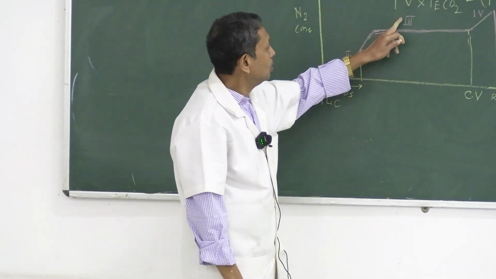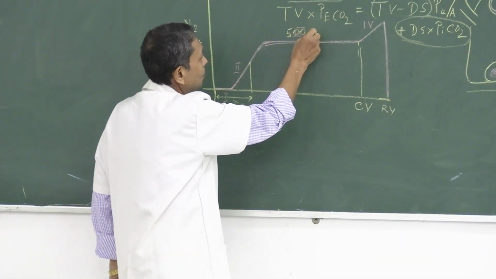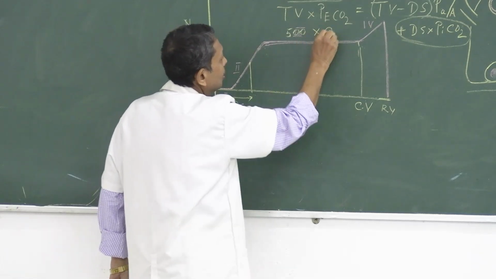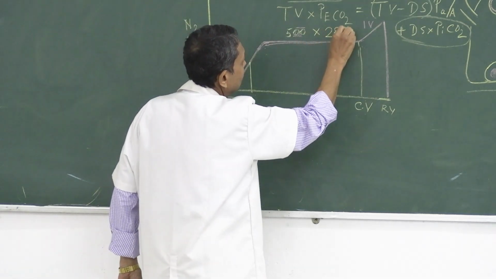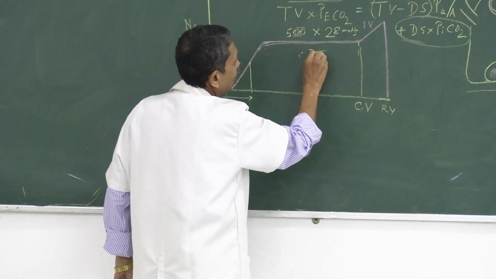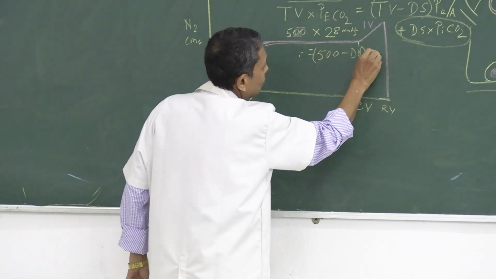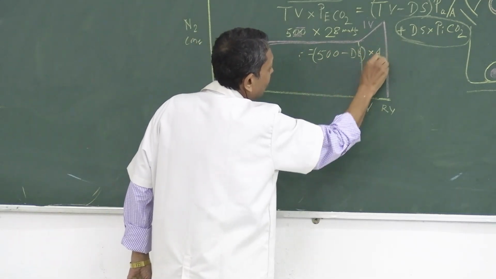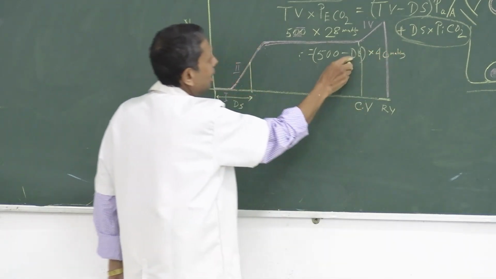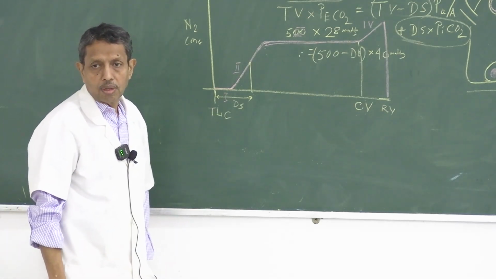So if you consider a tidal volume of 500 ml per breath, and PCO2 of 28 millimeter of mercury, it is equal to 500 minus dead space into 40 millimeter of mercury. Then you can calculate the dead space. It is Bohr's equation.